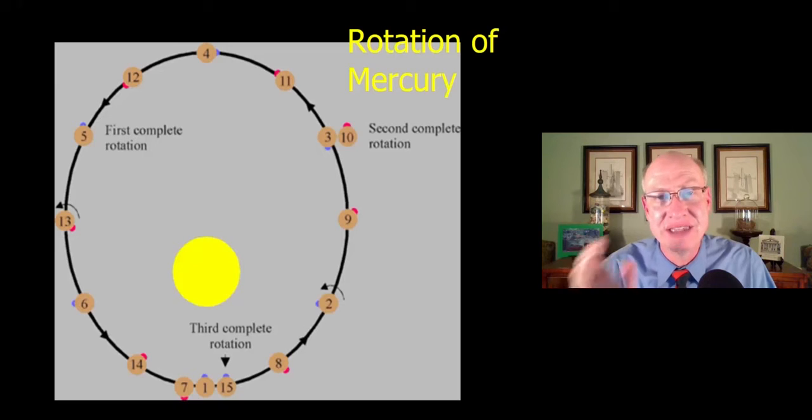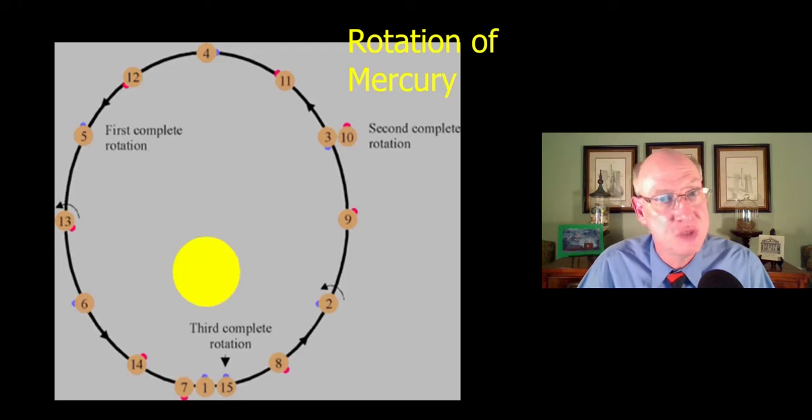Remember, as seen from above, all the planets in the solar system orbit counterclockwise. Most of the planets spin counterclockwise. As we tour through the planets, we'll see the exceptions, but Mercury is not one of them. Mercury spins counterclockwise. So here's where Caloris Basin starts. As Mercury spins, it ends up there, ends up down here, ends up over here, over there, and then by position 7, it ends down here. And now because we're starting the second orbit, the color of it changed from blue to red.